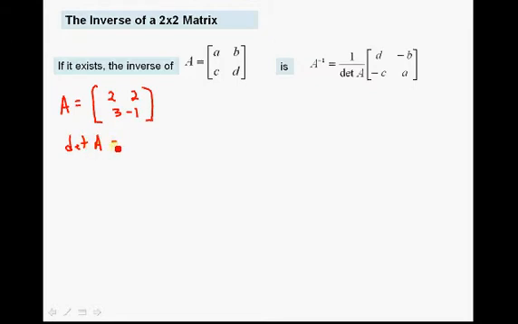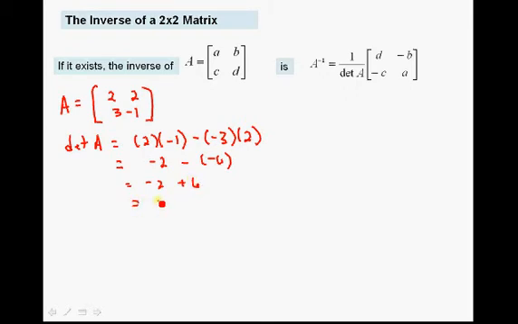We've done this in previous lessons, so you should remember how to do the determinant. If you don't know how to do that, then go back and learn or repractice that. And you crunch these numbers, and what do we get? Negative 2 minus negative 6, and we get negative 2 plus 6, and we get equals 4.